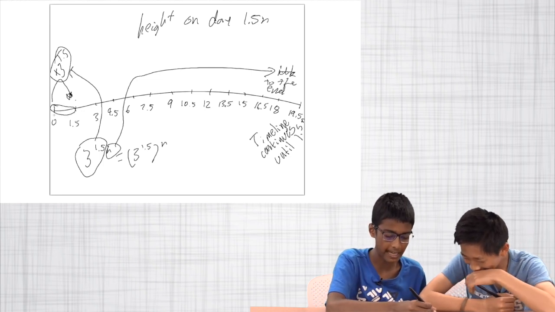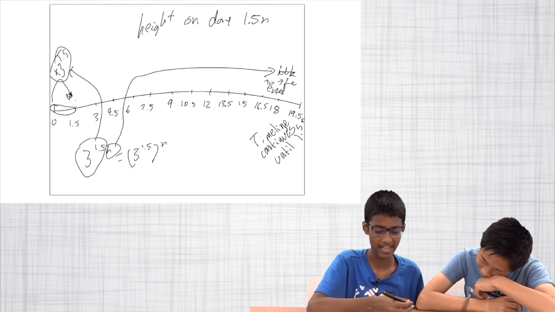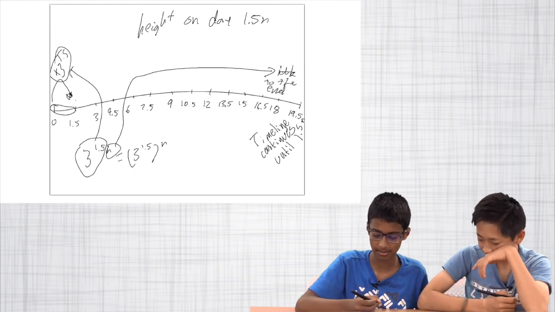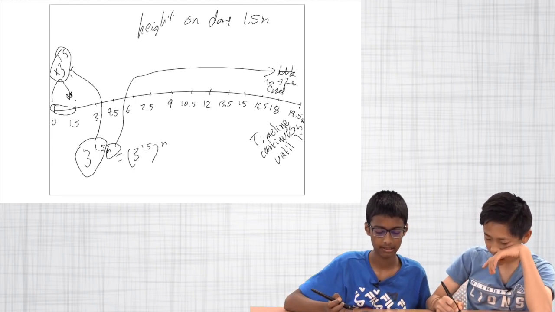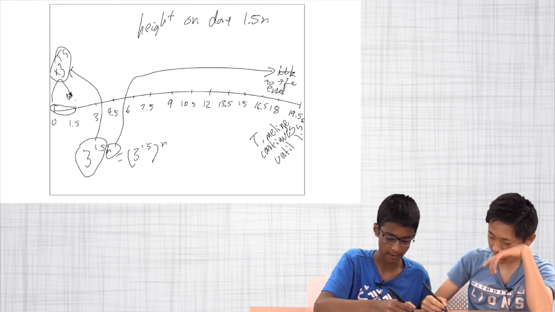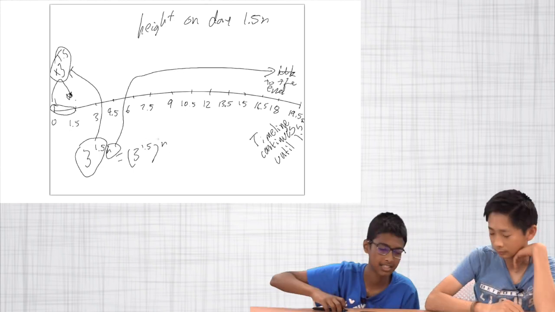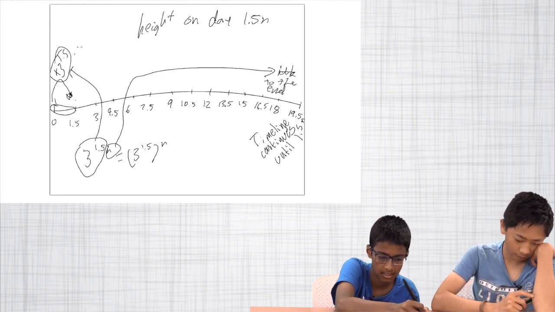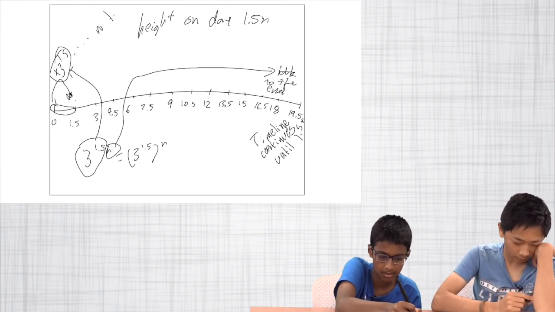So that means the whole time that passes is 1.5n. So then the day will still be 3 to the 1.5n. And this also, because n groups of 1.5 gives 1.5n. Well, there's 3 to the 1.5, but it's this n times.